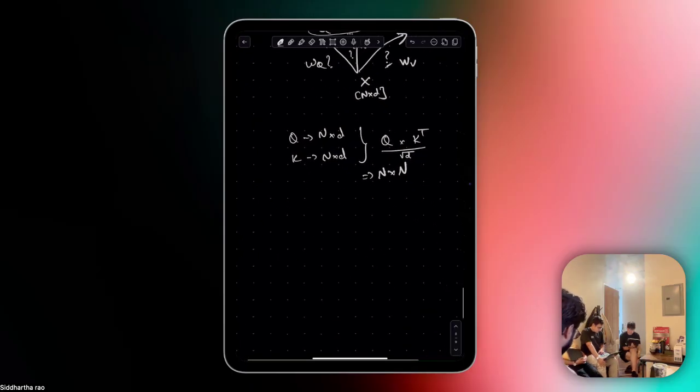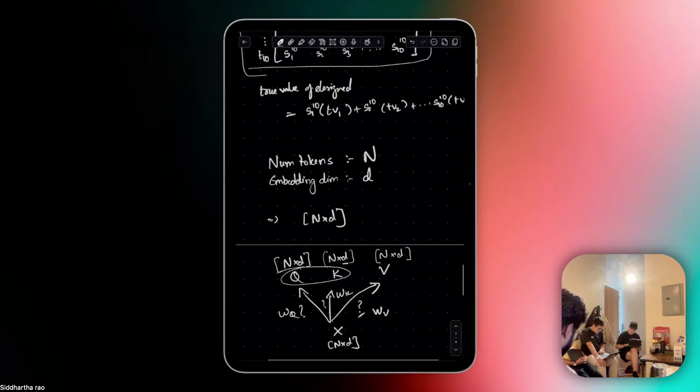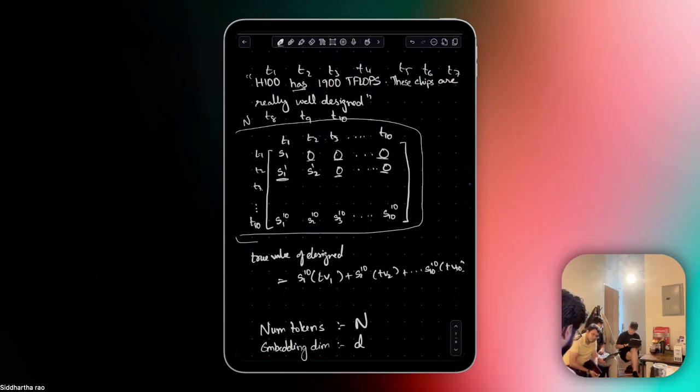So now you have these n by n scores, and you want to convert them into a normalized vector, S11, S12, and so on. These scores can be unnormalized; one of them can be like 19 or minus 25. So you want to convert this into a probability distribution.